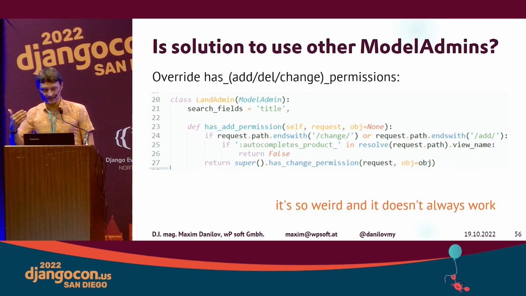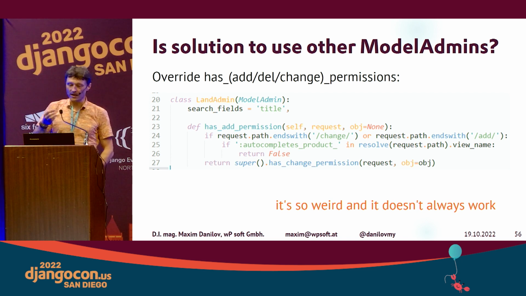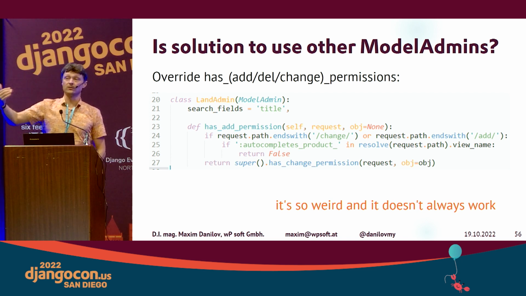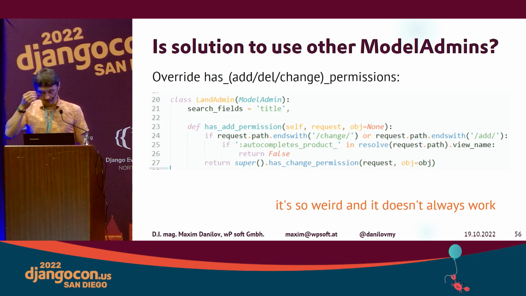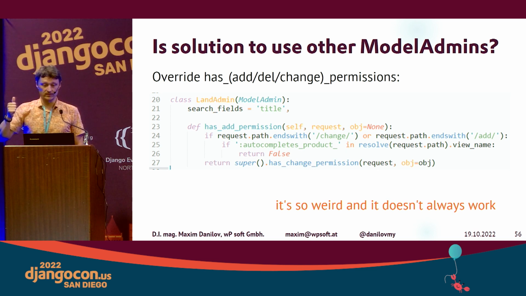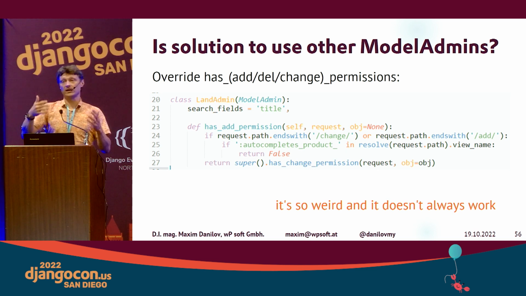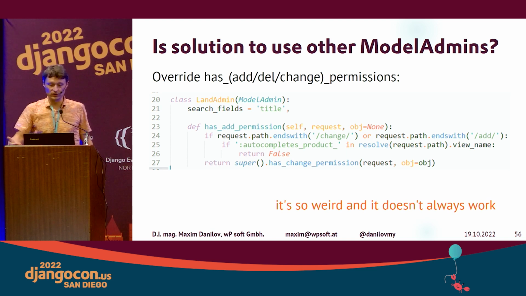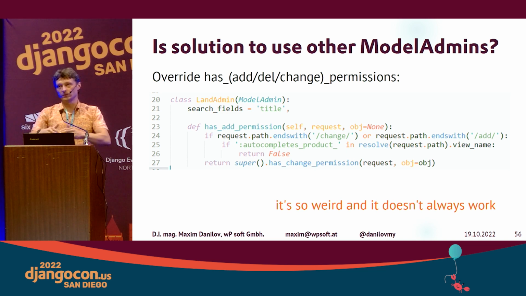I tried to find a solution, and the solution was probably to use another model admin. This related widget wrapper checks permissions from other model admins, and it means we can, in the has_add, has_delete, has_change permission methods, put a check if this method is called from the wrapper, and we can return false or true.